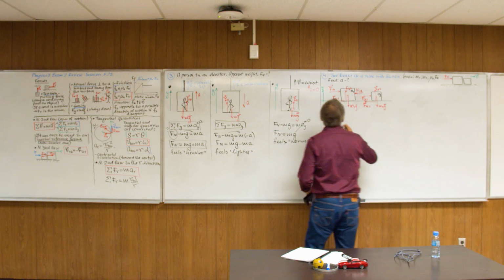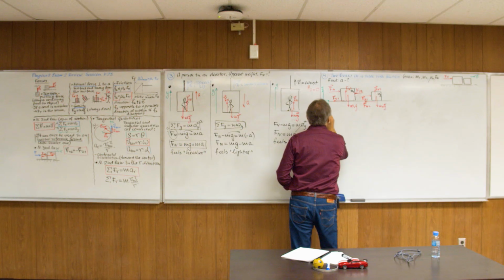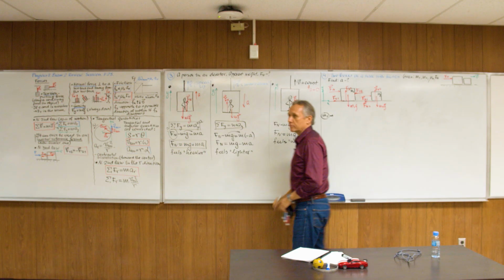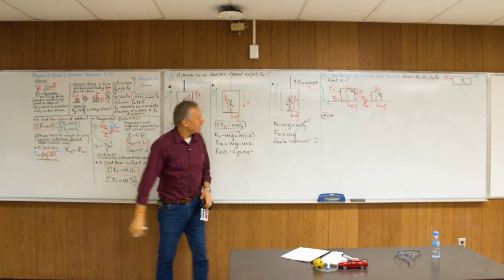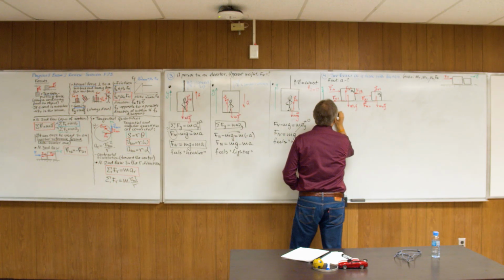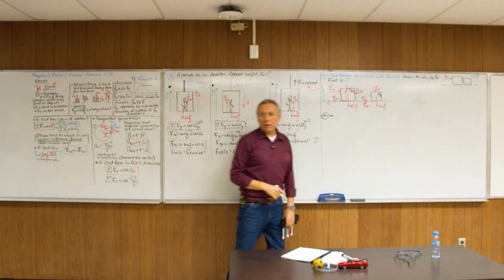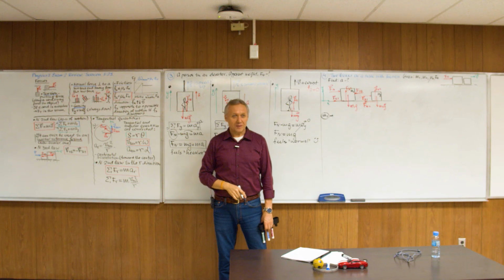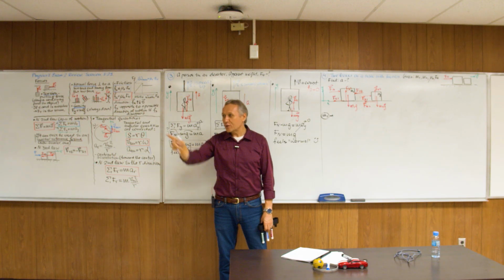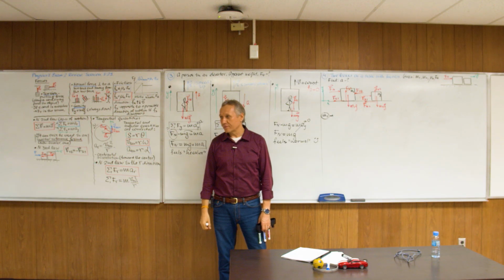So now let me write something like this. First, M2. I will start with the end of this train because it has fewer forces, and two equations. I will start with the y equation, because we need the normal force to find the kinetic friction force.